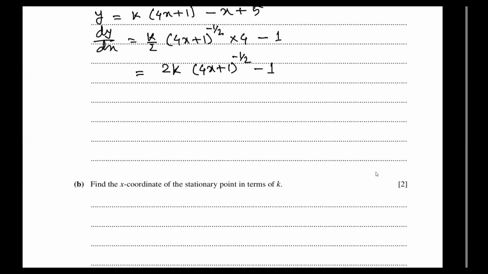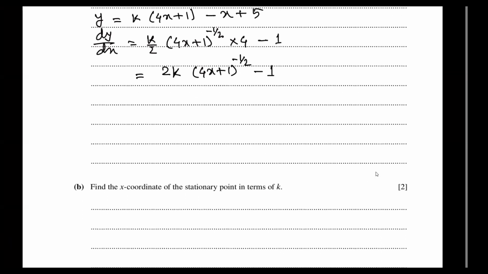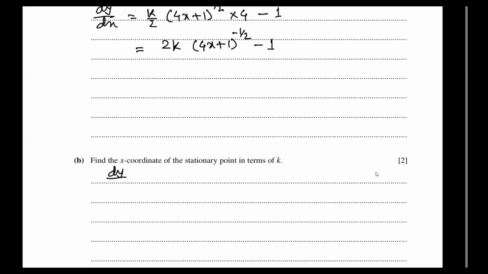In the next part, find the coordinates of the stationary point in terms of k. To find it, remember dy by dx equals 0. So 2k (4x plus 1) to the power minus half, minus 1 equals 0. So we have 2k divided by square root of 4x plus 1 equals 1.